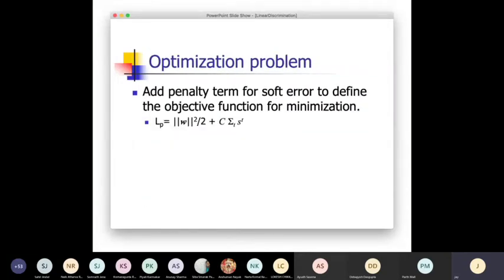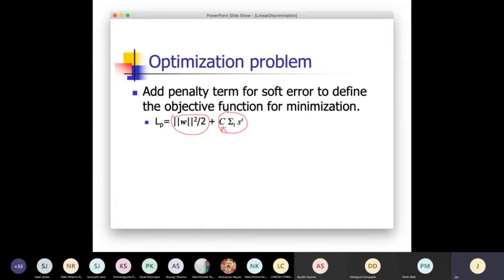So in the optimization problem, you have this new objective function, where this part is the same quadratic term we used in the previous case of separable classes. But this is the newly introduced term due to the slack variable, and this is a constant.